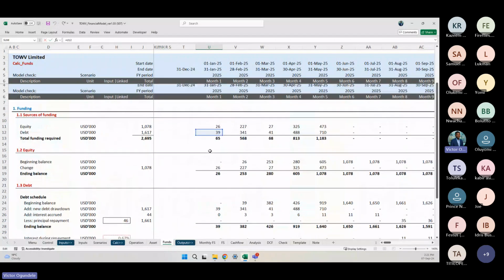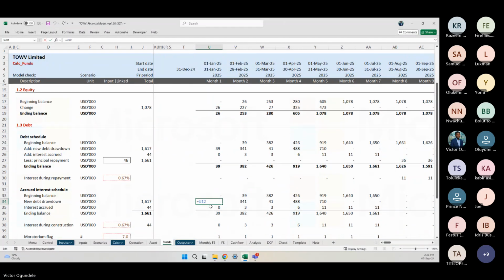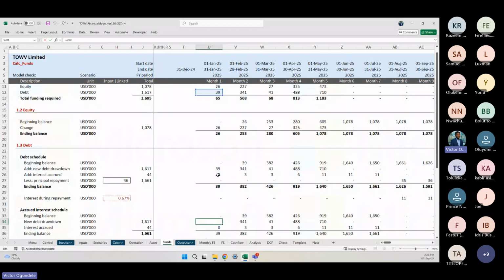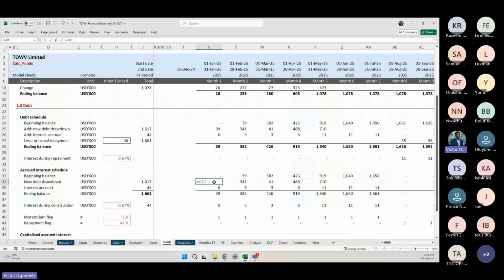You are linking it to the main source of funding. Don't link it to the new debt drawdown. Check that to be sure.